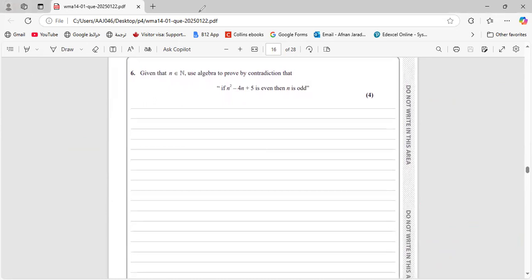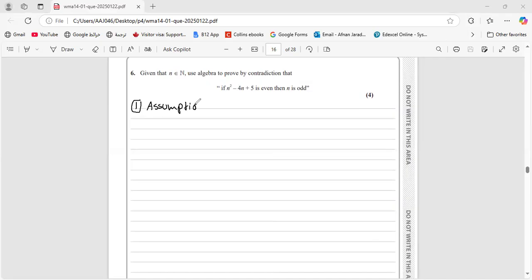Okay, given that n is an element of the natural numbers, use algebra to prove by contradiction that if n squared minus 4n plus 5 is even, then n is odd. To prove by contradiction, you have to write 3 steps. Step number 1 is called assumption.